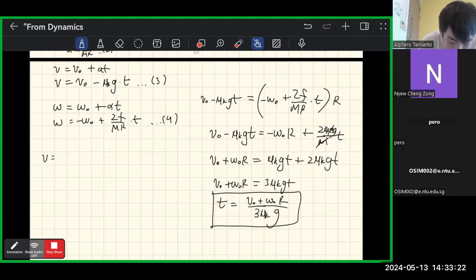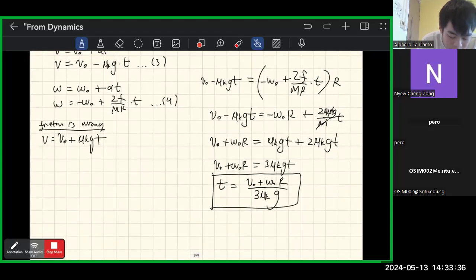So V equals V naught plus mu k g t. Let's say the friction is in the wrong direction. It's wrong.